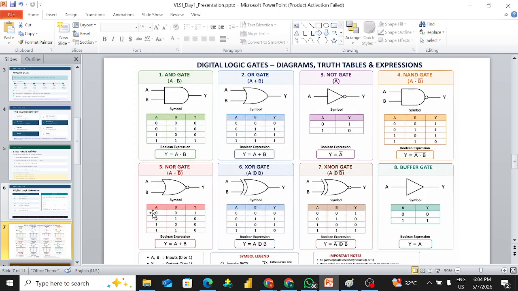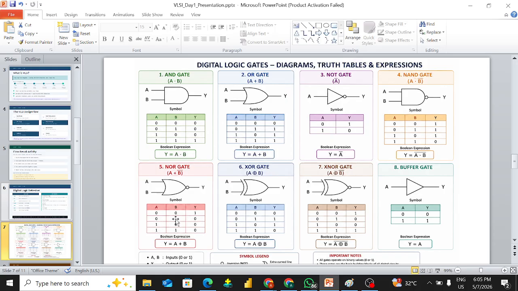So if A is equal to 0 and B is equal to 0, in an OR gate we will get 0 as the output, but here we have 1, because after applying the OR gate, we are going to apply the NOT gate. So of course the output will become the reverse of what we get from the OR gate. So the final output will be 1.